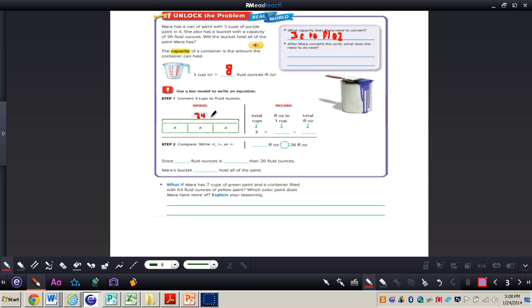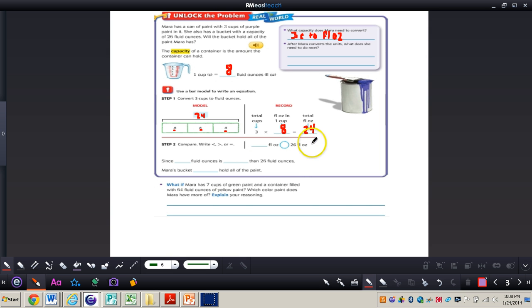And just like we did in the previous video, whenever you're going from a larger to a smaller unit of measurement, larger to smaller equals multiplying, and smaller to larger is going to equal dividing. So 3 cups times the fluid ounces in 1 cup, we can see 8 here, equals 24 total fluid ounces.